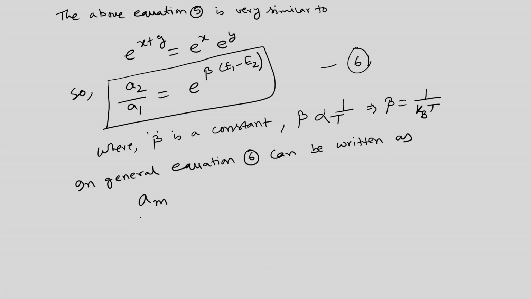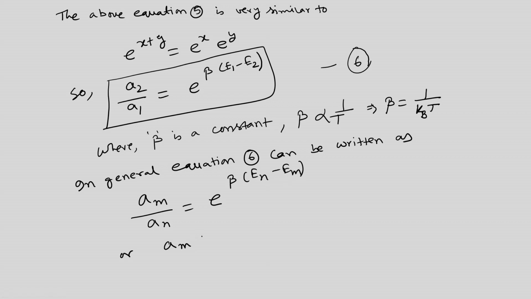AM by AN is e to the beta times (EN minus EM).